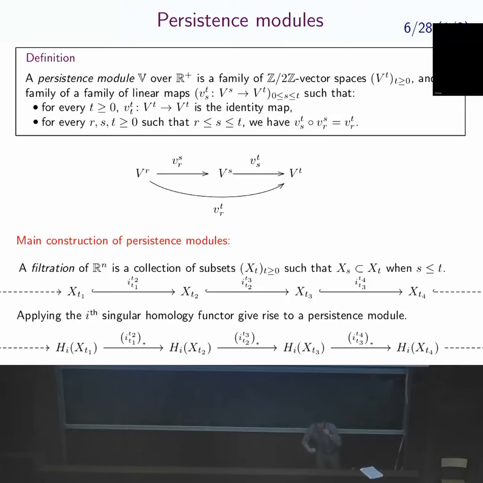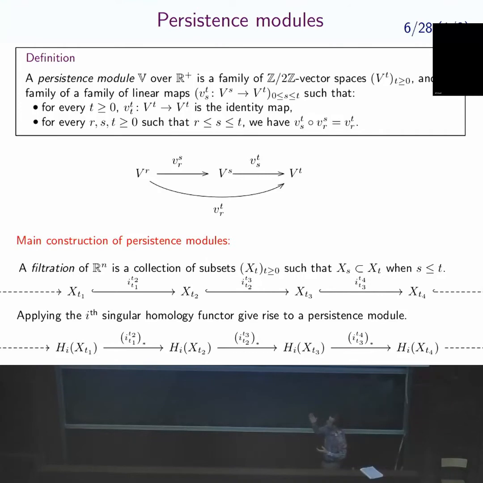So let me give you a clear definition. A persistence module is the data of a family of vector spaces indexed by the real line, and a family of linear maps between each two of them. And these linear maps have to satisfy some naturality conditions. There is a very handy way for building persistence modules.